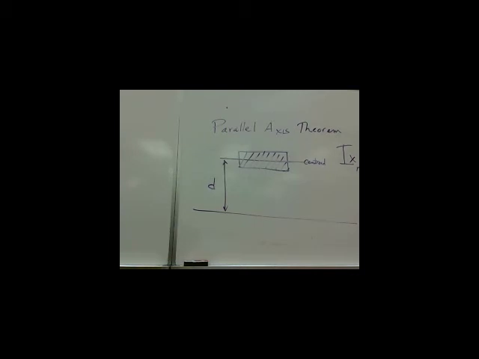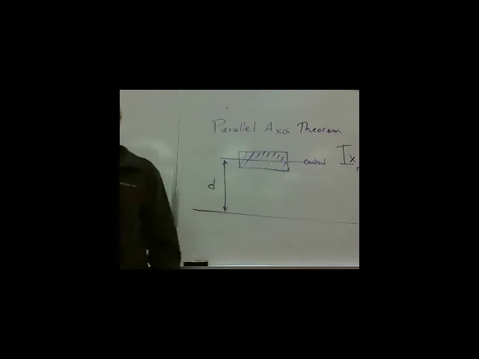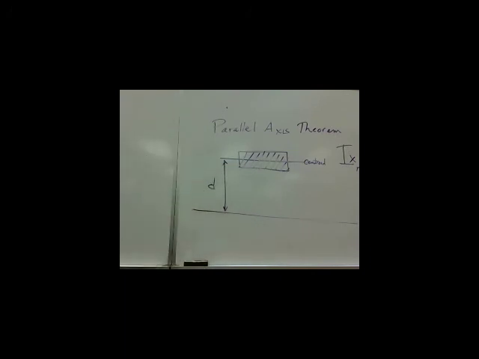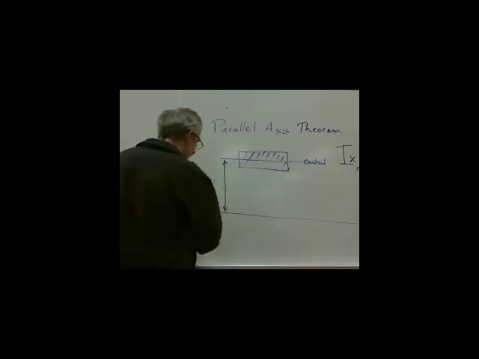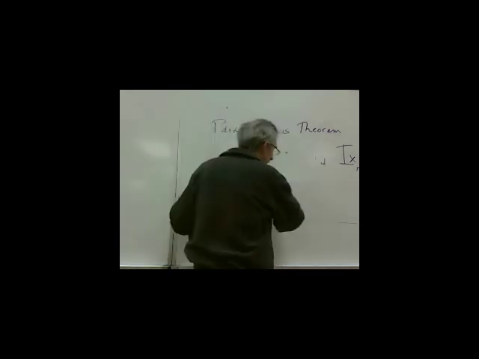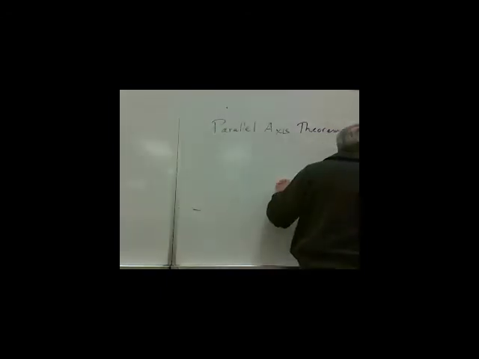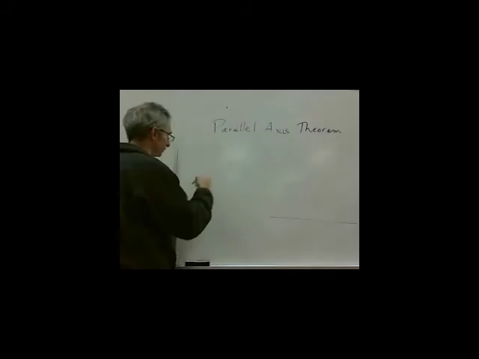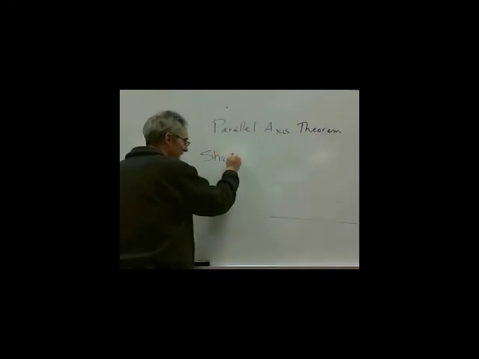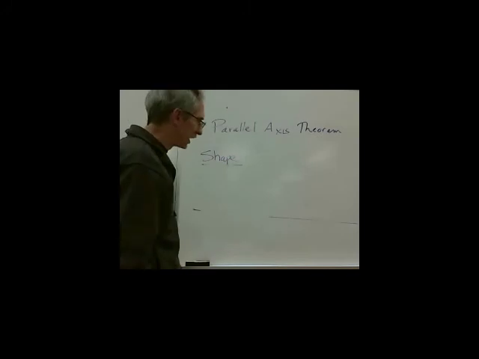As far as the process for finding moment of inertia for composite areas, it's going to be similar to what we did with centroids. You remember with centroids, the first thing we did was we broke it up into shapes that we knew how to deal with, right? And then we had a little table, and we filled out that table. The table that we're going to fill out when we're doing problems will look like this. Shape, again, because you're breaking it down into different shapes.